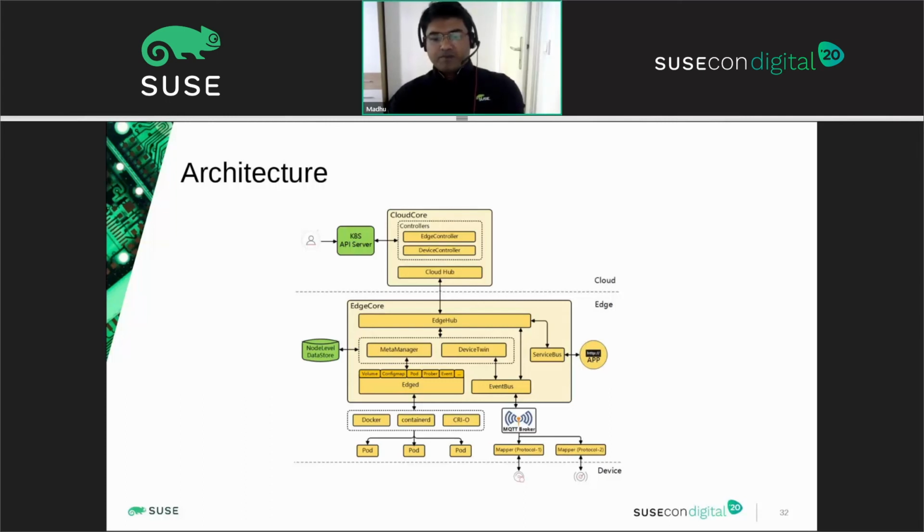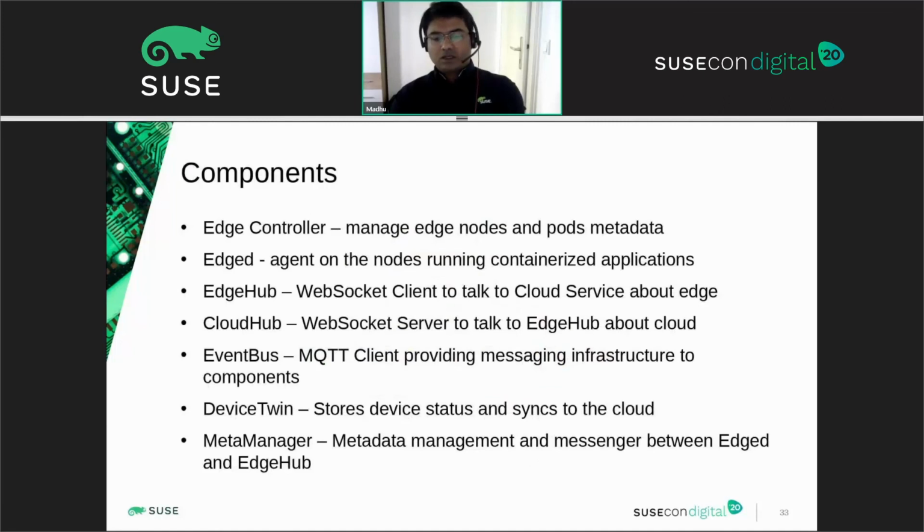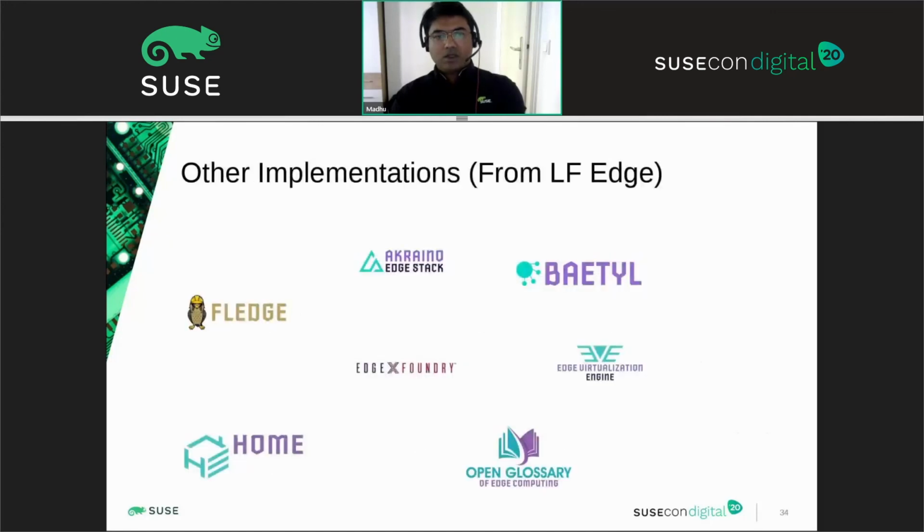Now, this slide basically summarizes what we spoke about, the architecture diagram. So this was just an example of KubeEdge, of an edge implementation in the open source ecosystem, but there are several other efforts in different places.